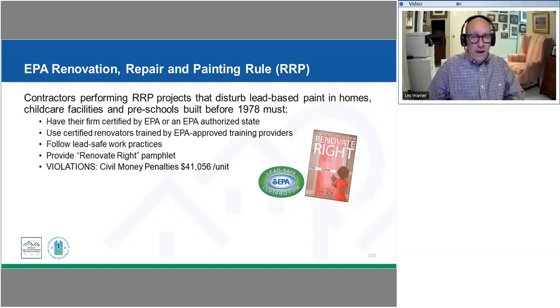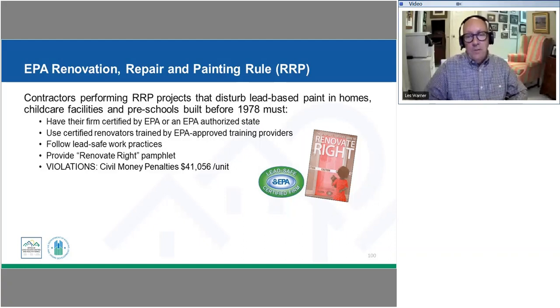So this requires that firms be certified by the EPA, or in some cases we have EPA-authorized state programs that are handling that certification. And we need to make sure that our renovators have been trained following that HUD-approved curriculum or protocol. They will need to be following our lead-safe work practices.